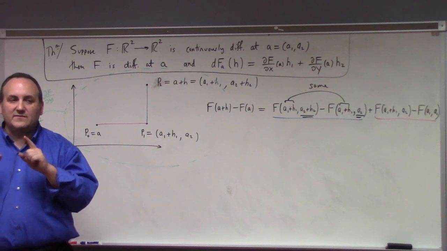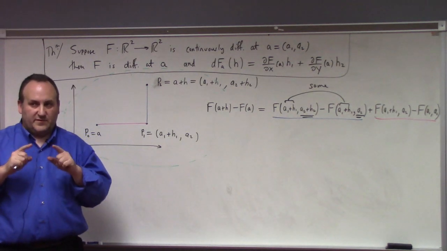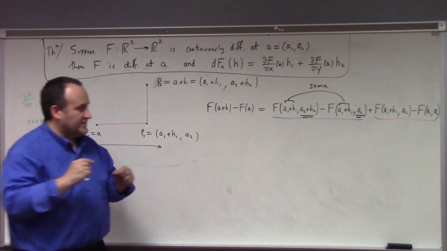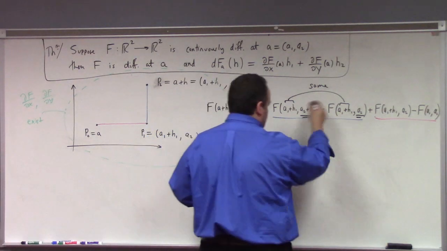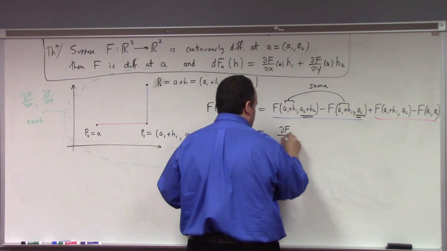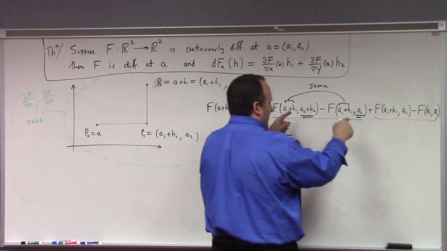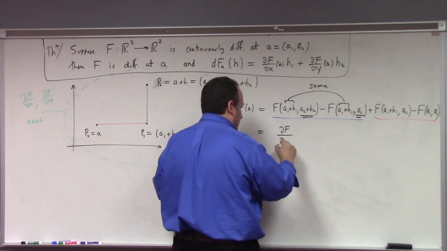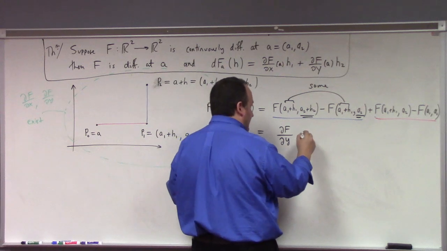But if we apply the mean value theorem to the partial derivative, there exists... we can write this as equal to partial f partial what? We're varying y, right? So it's partial f partial y, where?